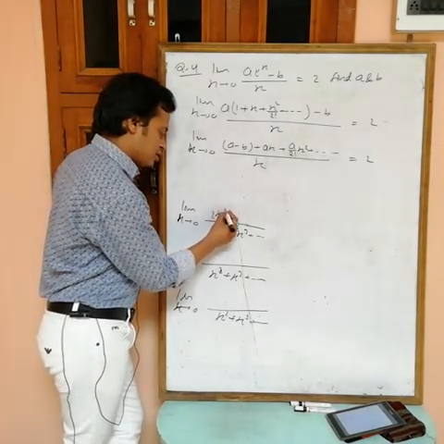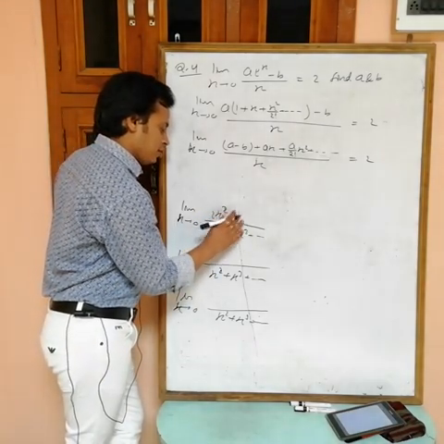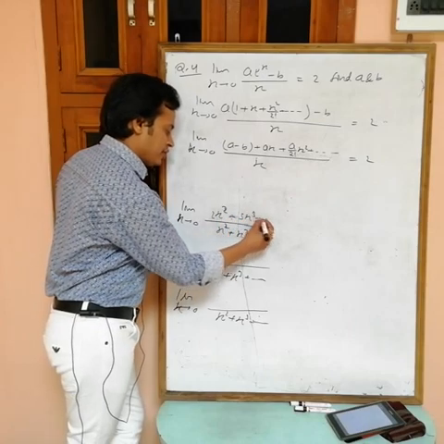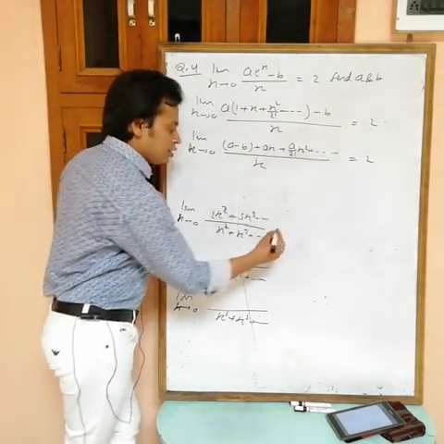So suppose this is 2x square minus 5x cube, anything.